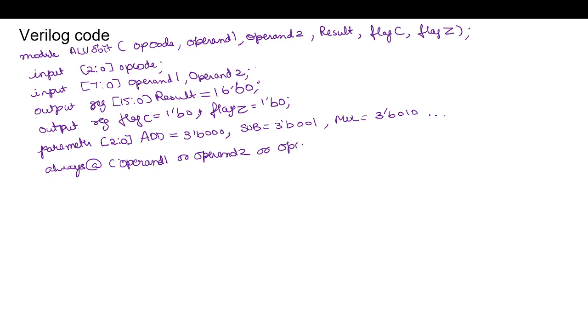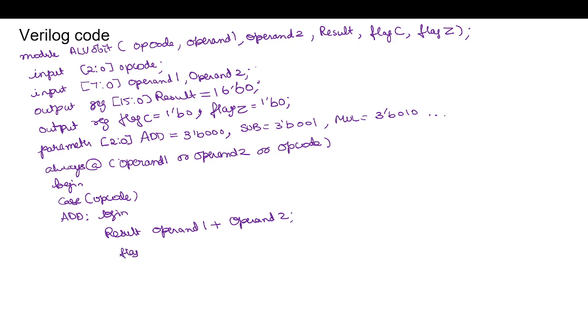Okay, case opcode. If it is ADD, we have to perform addition. Result will be operand 1 plus operand 2.